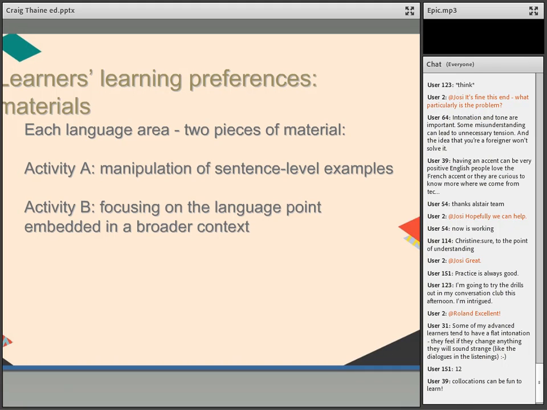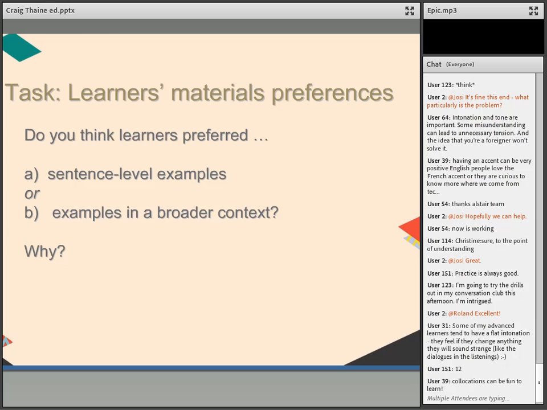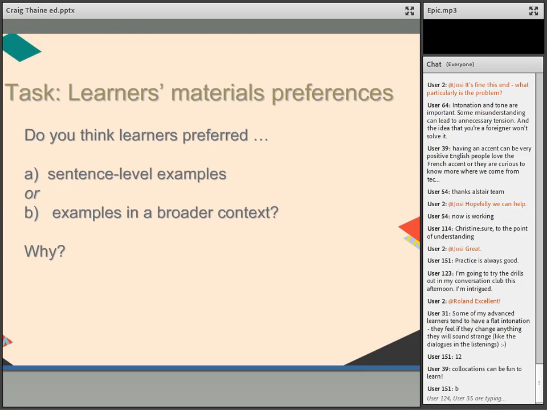And then I chose activity B, and this was looking at that language point in context. So the language point was embedded in a broader context, a listening text or a reading text. So for each language point, they got these 2 activities. So this is a much quicker task, involves far less typing, you'll be relieved to know.